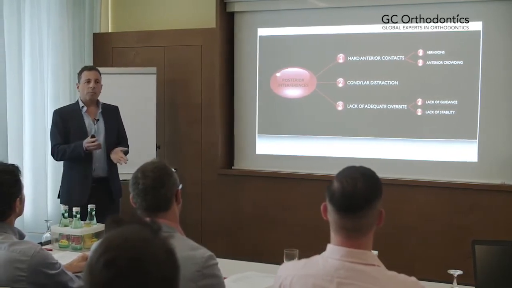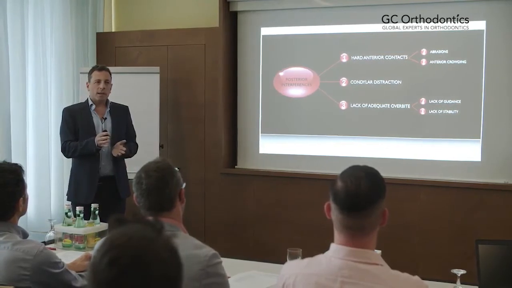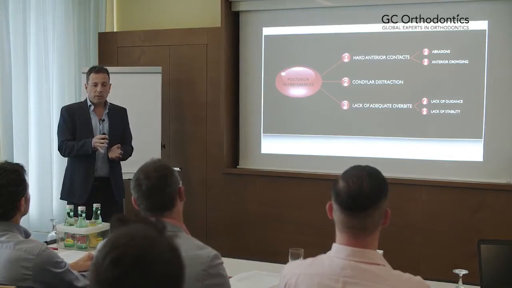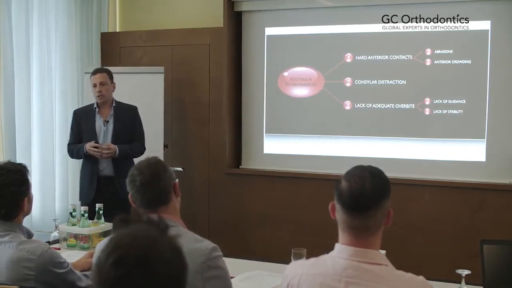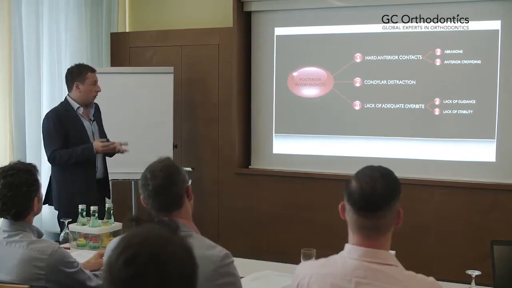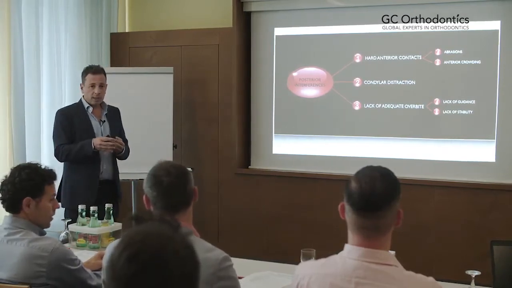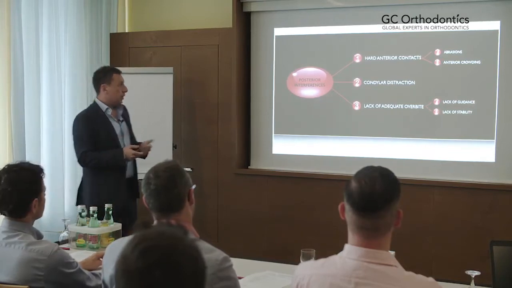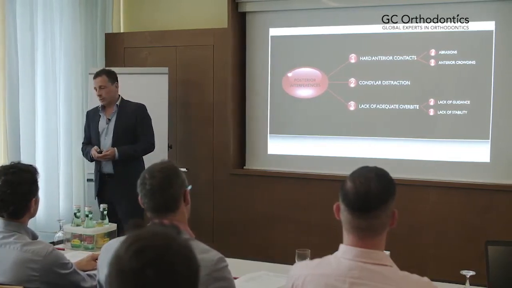If when our patient closes their mouth, they hit first with the molars, they will try to find a way to achieve a bite, and there is not a control. They will tend to hit the front teeth very hard, which can give abrasions or anterior crowding.